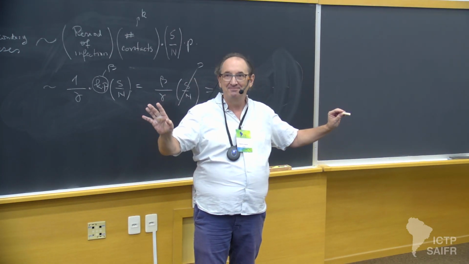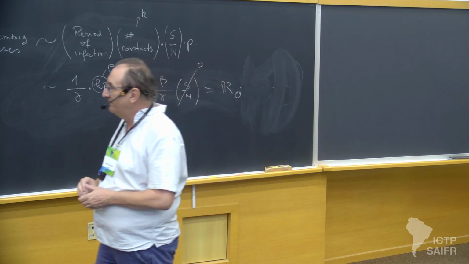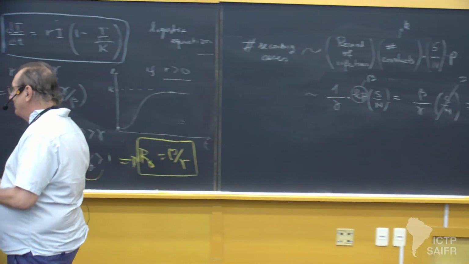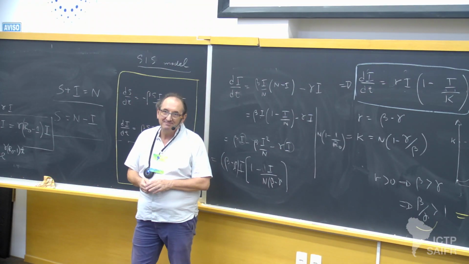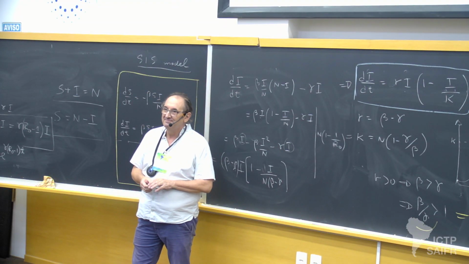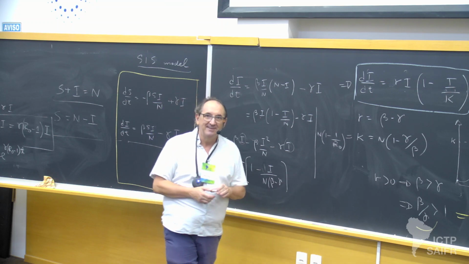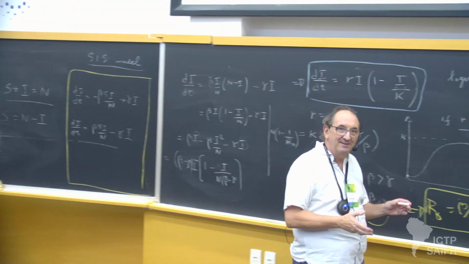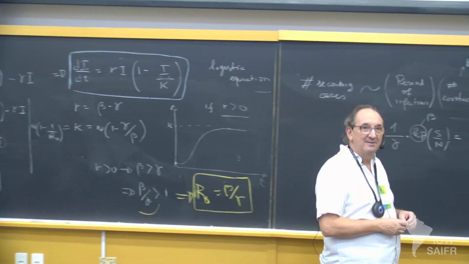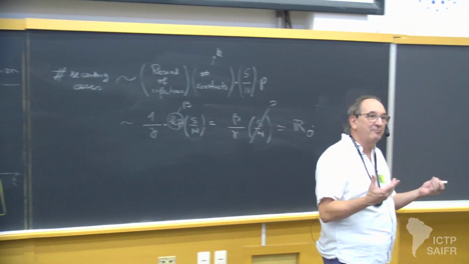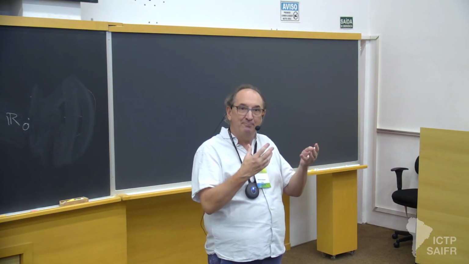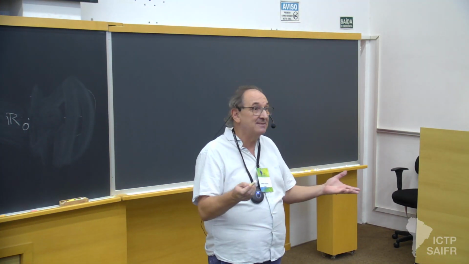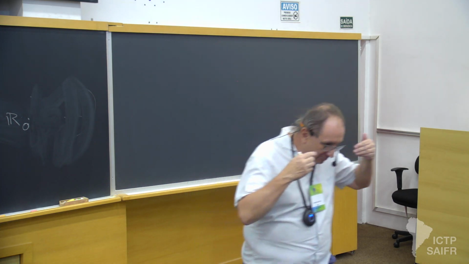So, stop. Now, guys, what do you think? Can I measure I? Can I measure it from epidemic data? So I is the number of, what is I? It's the number, in fact, it's the number of active infected people. Can you measure this? How would you devise a way of measuring this?